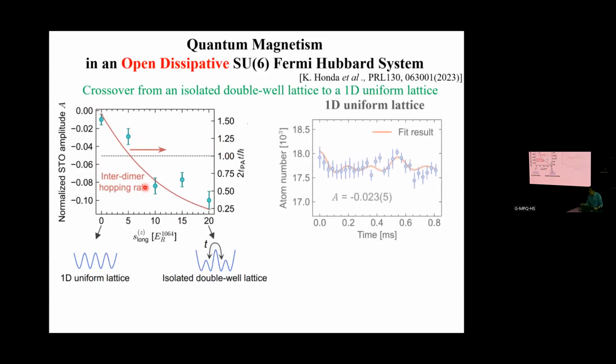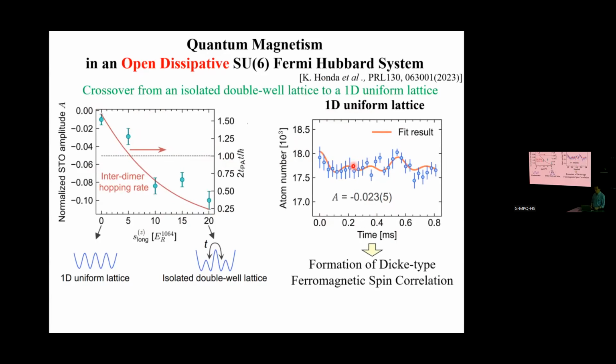And in particular, we observe ferromagnetic spin correlation in a 1D uniform lattice. Although it is small, anyway, we observe a finite ferromagnetic spin correlation, which indicates the formation of a Dicke-type ferromagnetic spin correlation in this system.